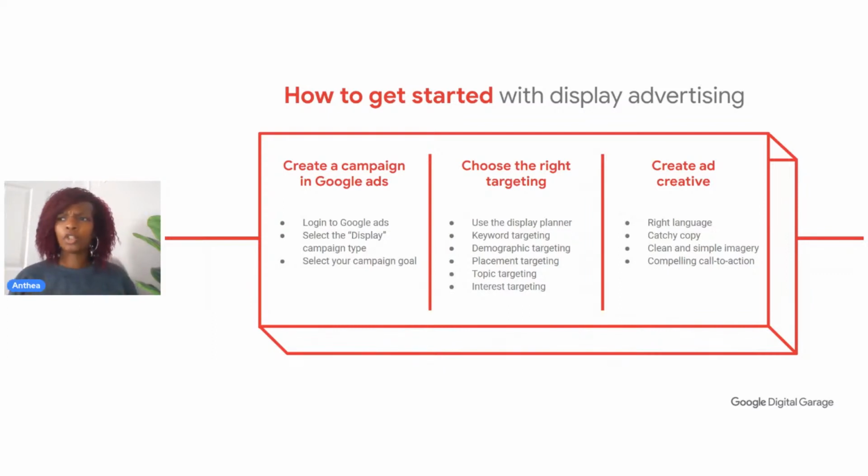Use really great imagery, use the right language, have really catchy copy, and also make sure you have a call to action so that they know this is what you want them to do. Because people will just look at it, say that's great, and move on. But you really need to disrupt their thinking so that they stop, focus on what you're asking them to do, and go and do it.